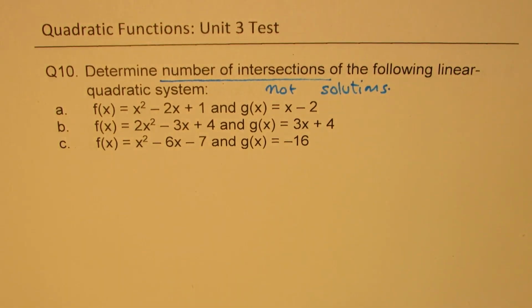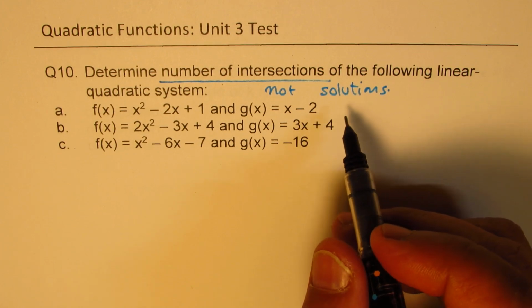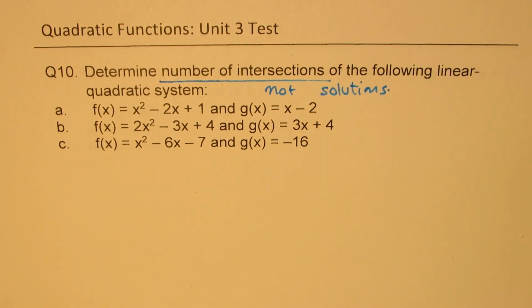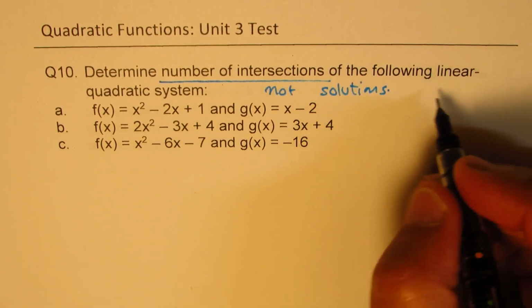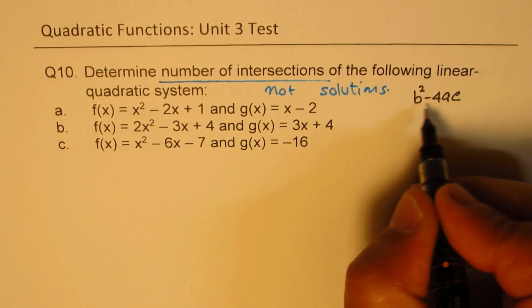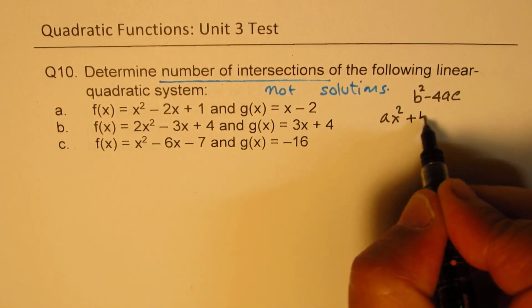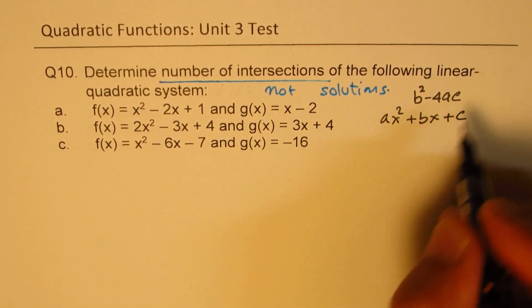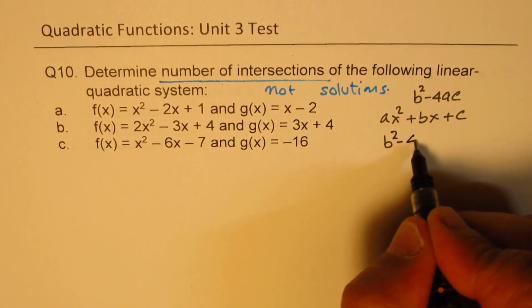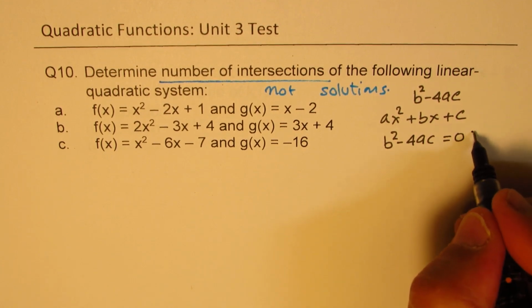So in this case, what are we going to do? We are going to analyze b square minus 4ac, right? So in each situation, we are going to analyze b square minus 4ac, which is the discriminant, in the equation ax square plus bx plus c, right? So if b square minus 4ac is equal to 0, that means what?